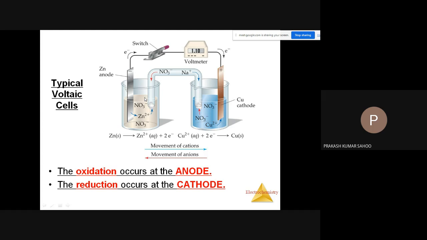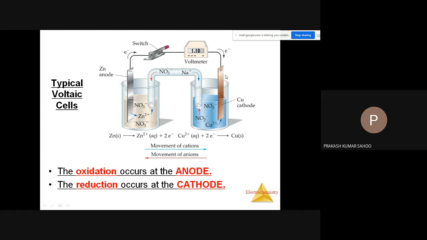here as electrons are generated from zinc, it is the anode, and as electrons are accepted or gained by the right hand part of this cell, this is known as the cathode.